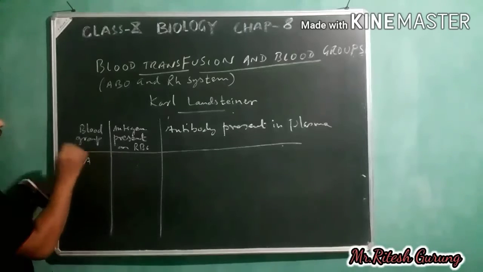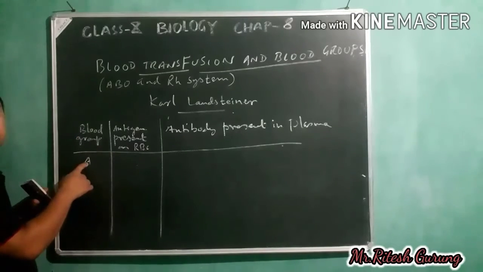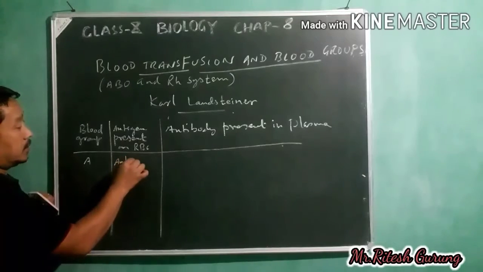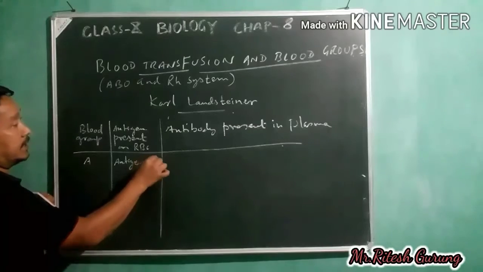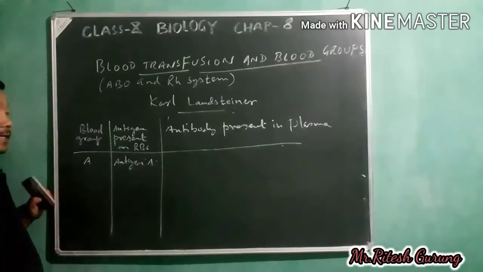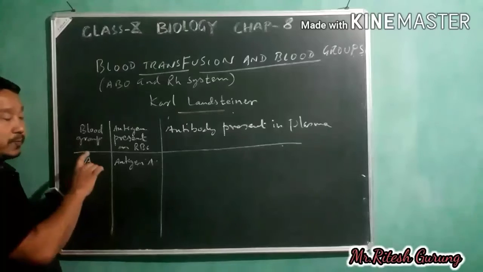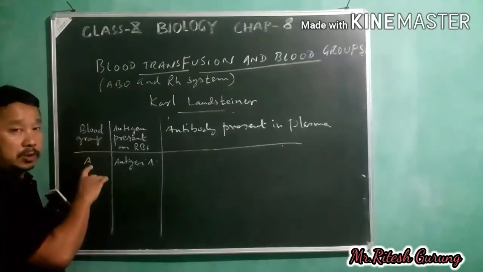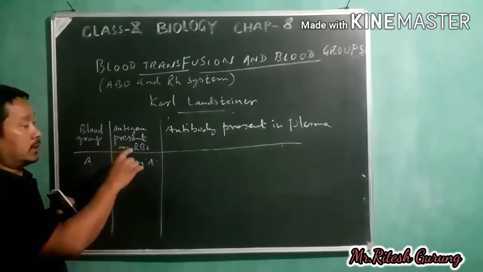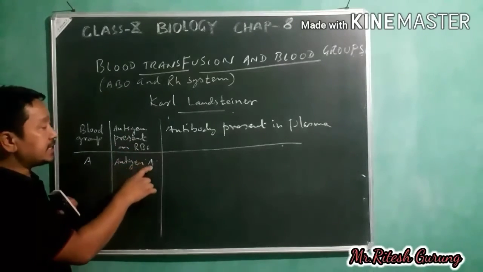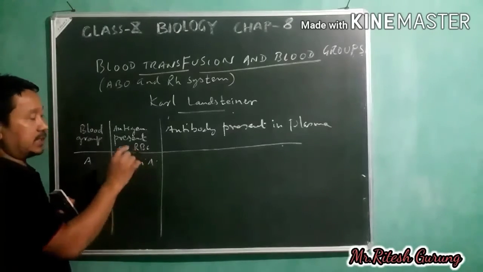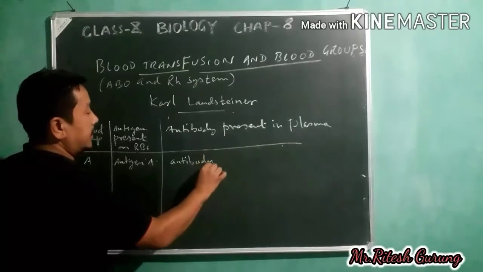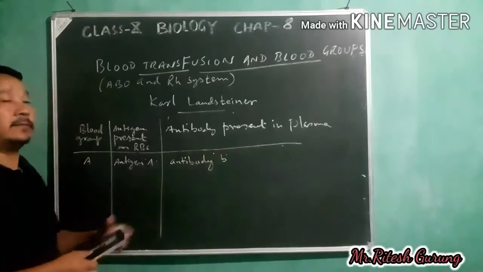They are blood group A. Blood group A contains antigen A. The person having blood group A has antigen A on the surface of RBC and antibody B in plasma.